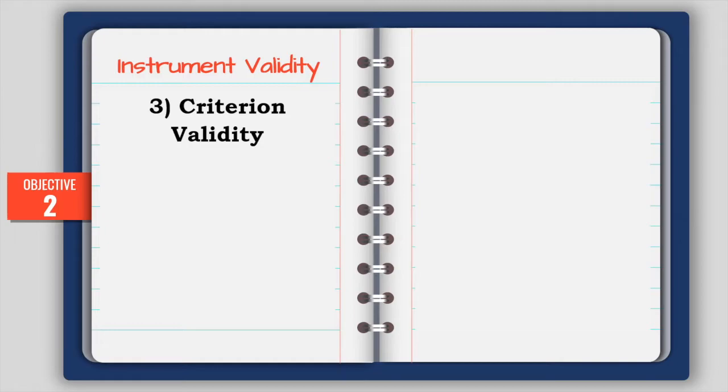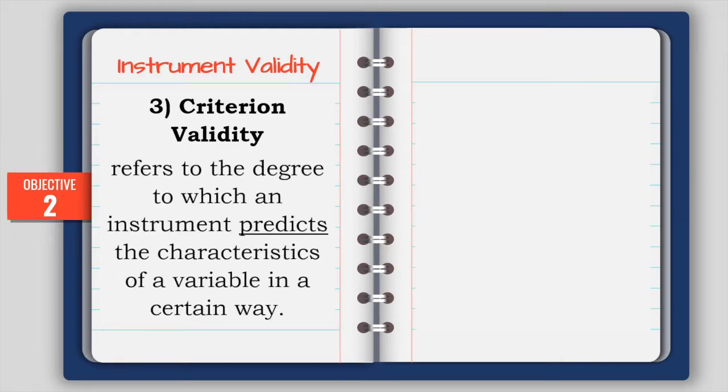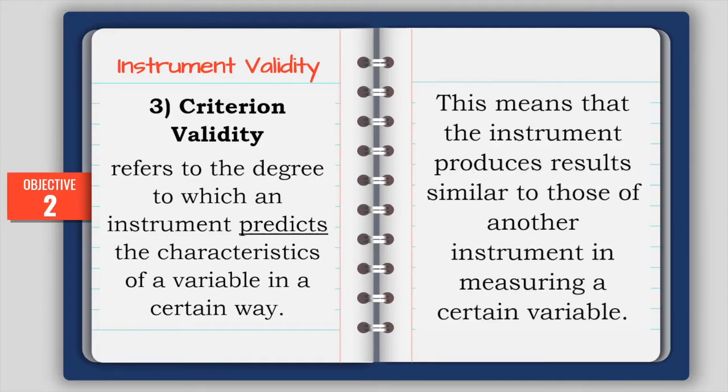Lastly, the criterion validity. This refers to the degree to which an instrument predicts the characteristics of a variable in a certain way. This means that the instrument produces results similar to those of another instrument in measuring a certain variable.